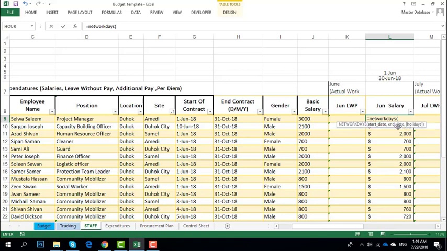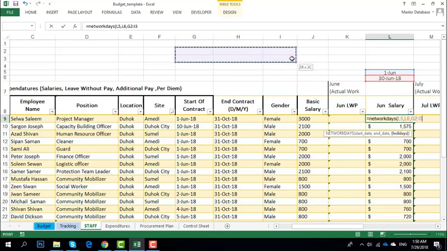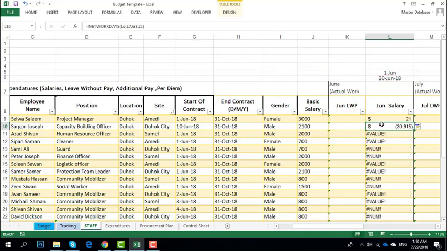So it means we have start, end, and holidays. Here I will select start date is this one, then end date is this, then holidays, let's just select somewhere here. Okay, then I put it, it's 20 days. Why did this happen?